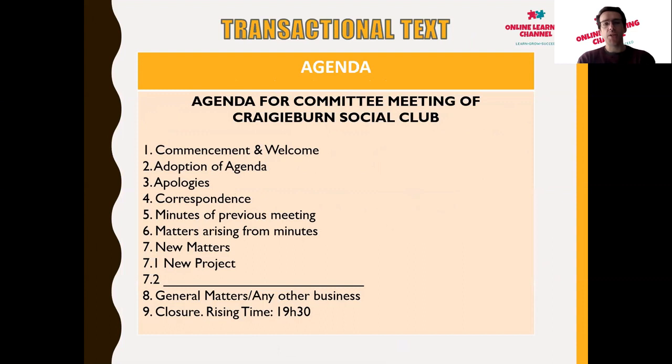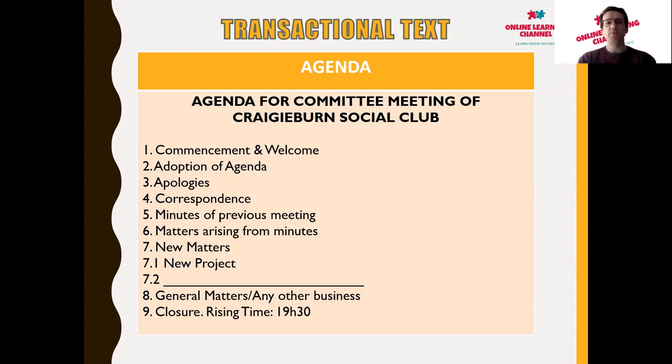So with regards to an agenda, in this particular case, it's an agenda that I'm now sharing with you guys that looks at the committee meeting that took place at Craigieburn Social Club. So as you can see, there's a list of components that now define this particular agenda.